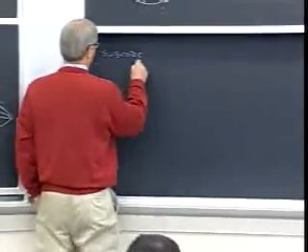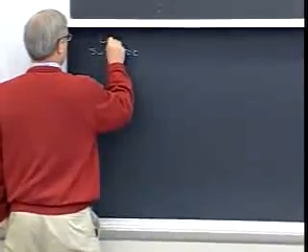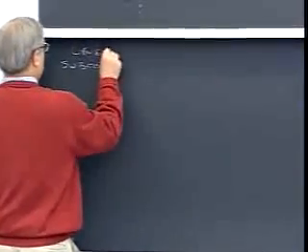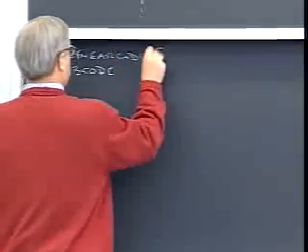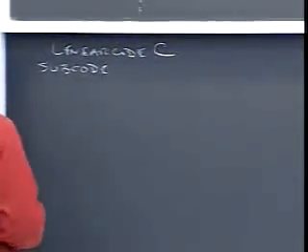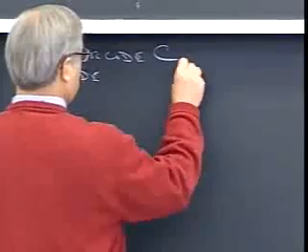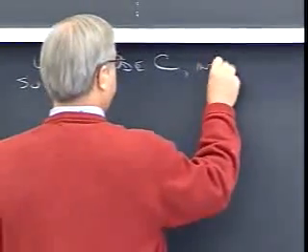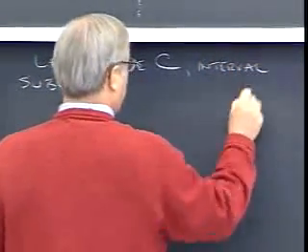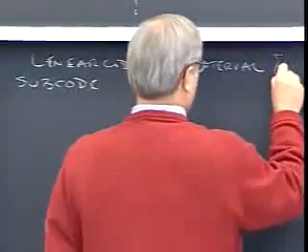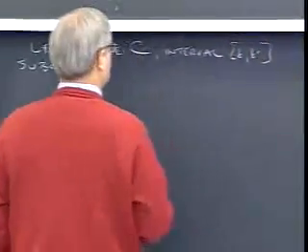We have a linear code C. Let's define an interval on the time axis, k, k prime, whatever.